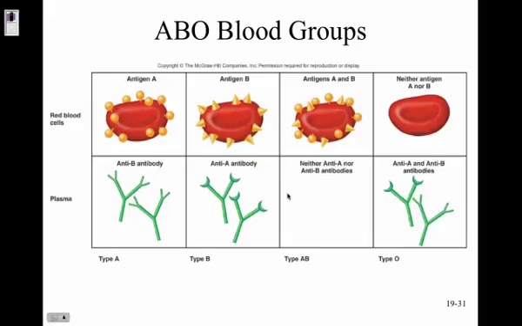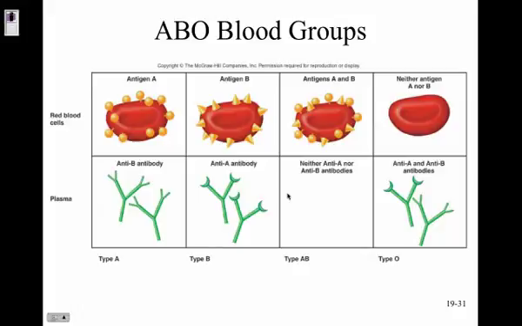So this is just, I mean, a simplified picture. The markers don't look like this and everything, but same idea. So if you have type A blood, that means your red blood cells have antigen A on them. That means you have antibody B floating around in your blood. They don't match there.